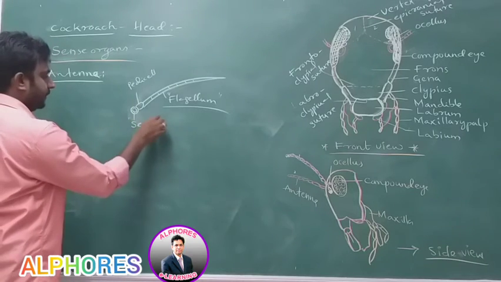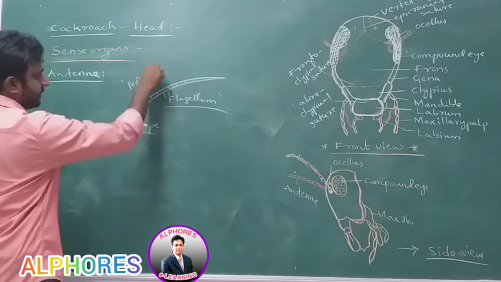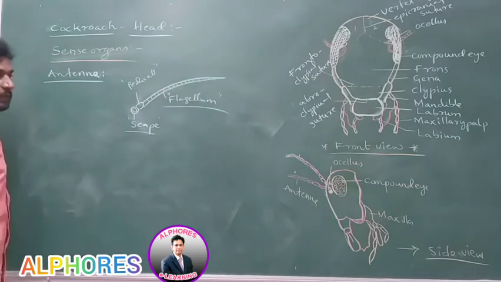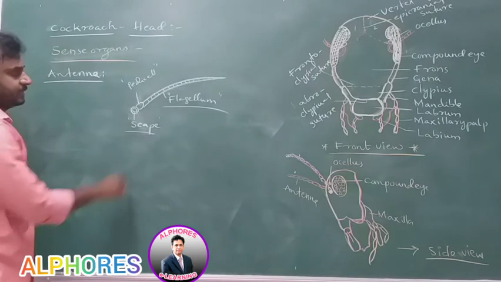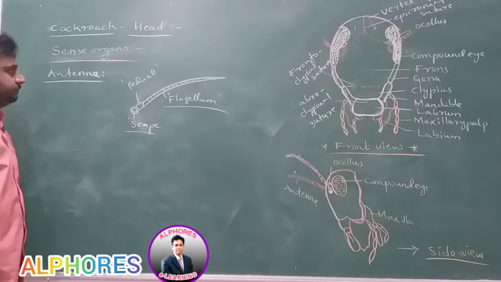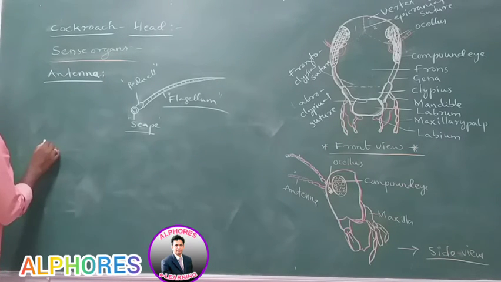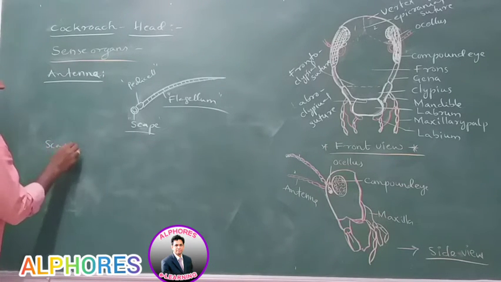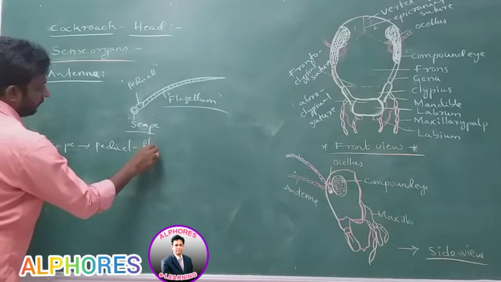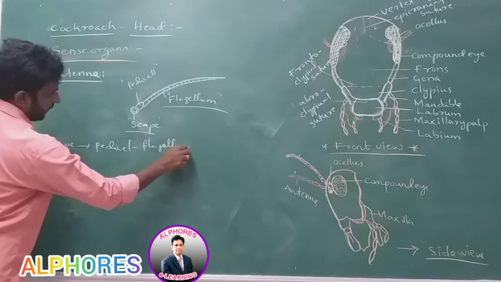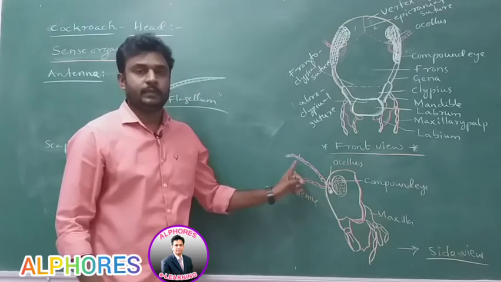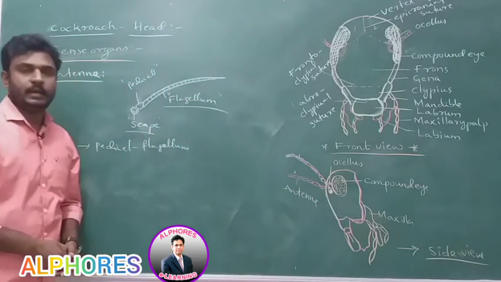The scape is only one segment, the pedicel is only one segment, but the flagellum has many segments. So the antennae consist of three parts: scape, pedicel and flagellum.